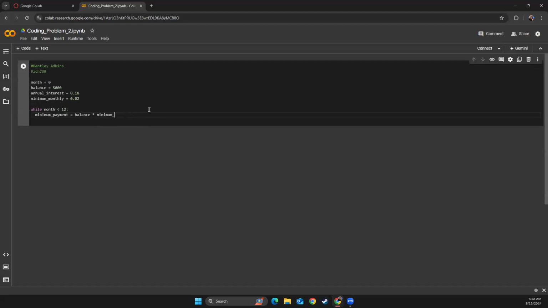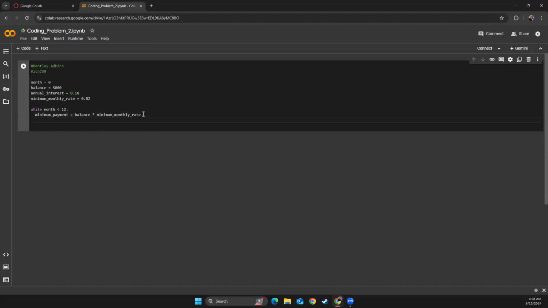I got confused with the two minimums. I'm going to make that rate, which might make it easier. Okay, so the minimum monthly rate. Multiply these two, and that'll give us our minimum payment.